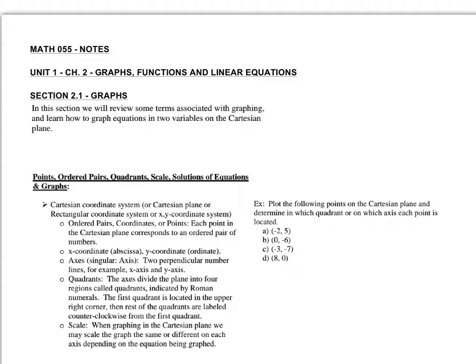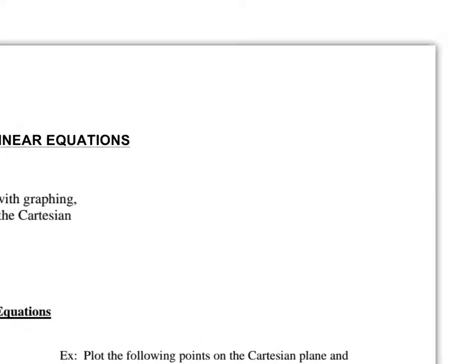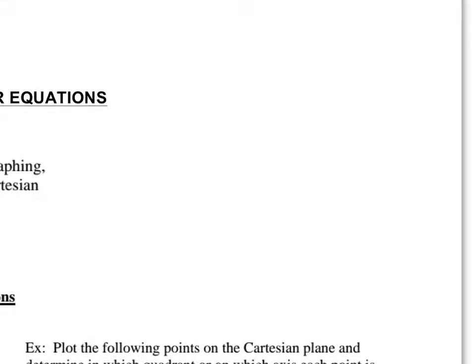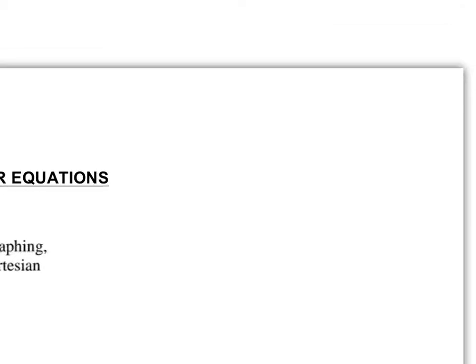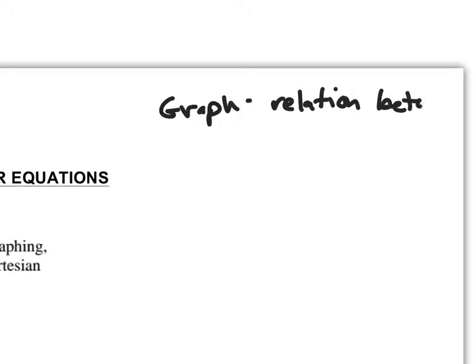So a graph, and I'm going to come up here and write in this space, and make sure you write small. I don't leave the most room for you, so make sure you write small. But the first thing I want to talk about is that a graph is a relation between two variables.